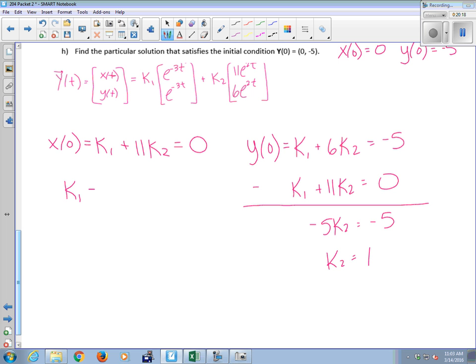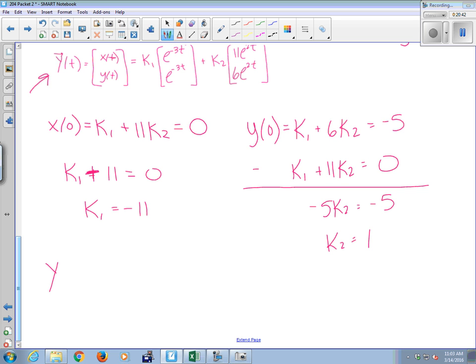So K1 plus 11 is 0, so K1 is -11. Be careful to not just circle your K1 and K2 and call it done. The question was to find the particular solution, so you have to rewrite that whole thing, replacing K1 and K2 with your values.